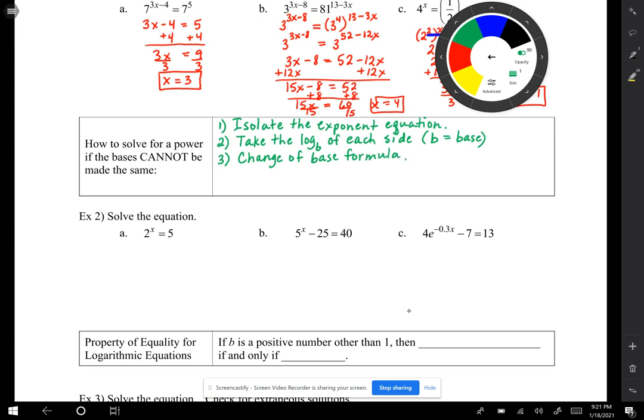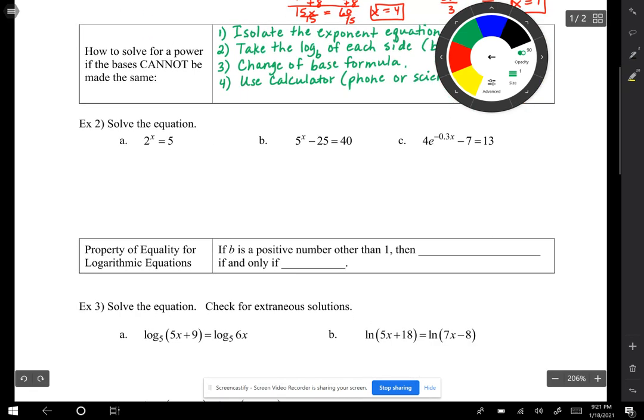And so step 4, use calculator, phone, or scientific. You don't need a fancy calculator to use change of base. You just need a simple scientific calculator that has the log button, and that's all you need.